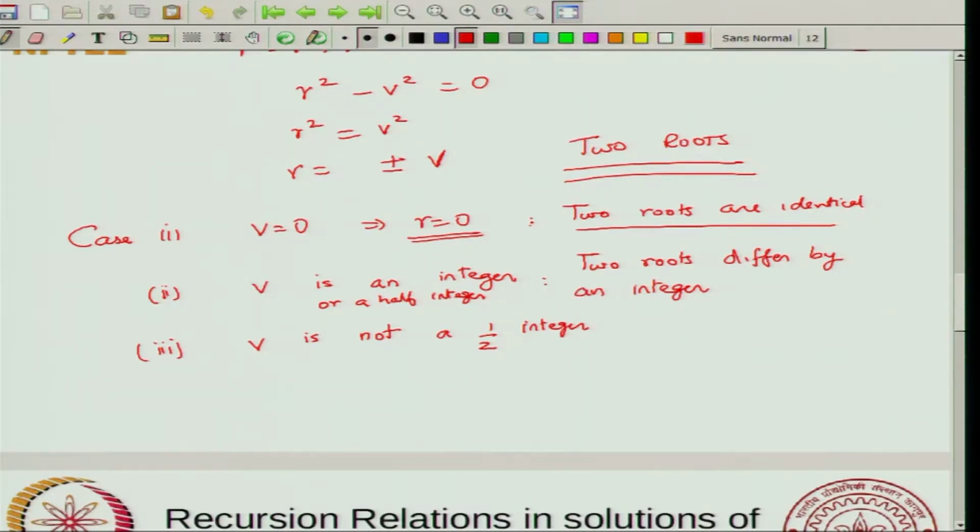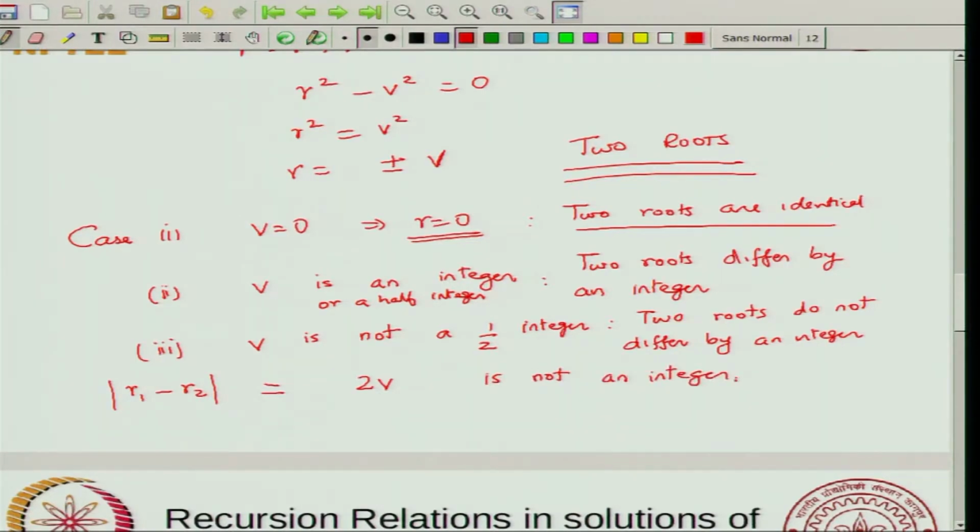Now if v is not a half integer, then the two roots do not differ by an integer. That means R1 minus R2, which is equal to 2v, is not an integer.